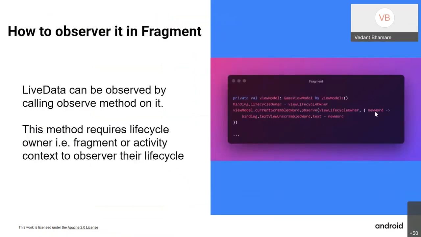In the fragment, this is how you observe the value of the variable. So first, as usual, you define the view model. You initialize the view model in the fragment. You now have to set the life cycle owner. As I said, live data is life cycle aware.